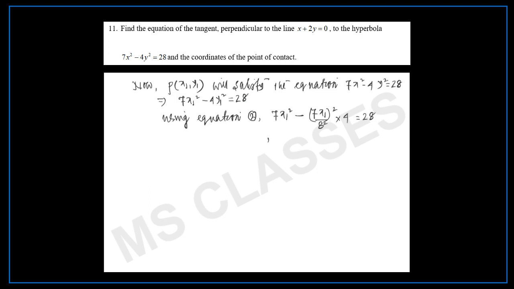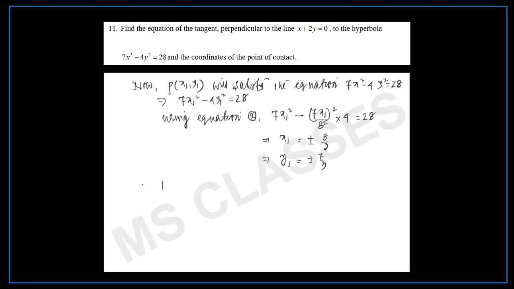Now from this simplification, we get x1 equal to plus minus 8 by 3. And from equation 2, we get y1 equal to plus minus 7 by 3.